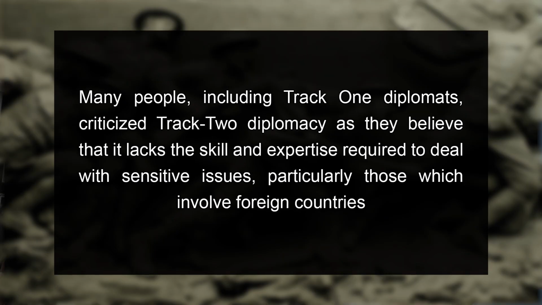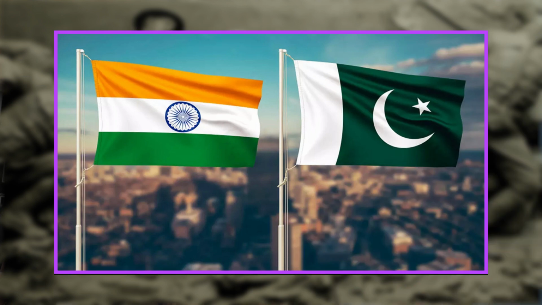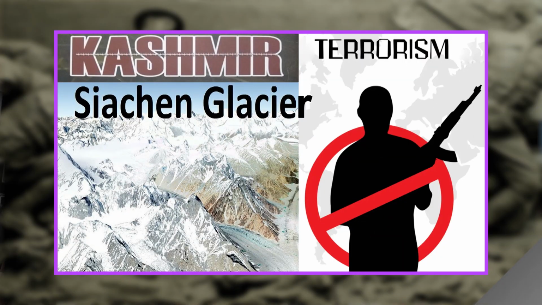Furthermore, many people, including track 1 diplomats, criticize track 2 diplomacy as they believe that it lacks the skill and expertise required to deal with sensitive issues, particularly those which involve foreign countries. For instance, in the India-Pakistan context, a lot of people and diplomats criticize the track 2 initiatives because, according to them, these track 2 participants cannot understand the sensitivities of various issues such as Kashmir, Siachen Glacier, or terrorism.